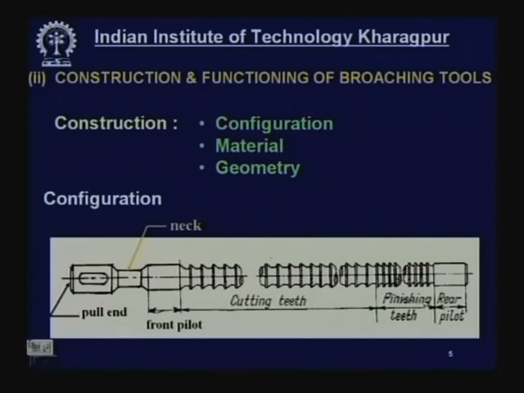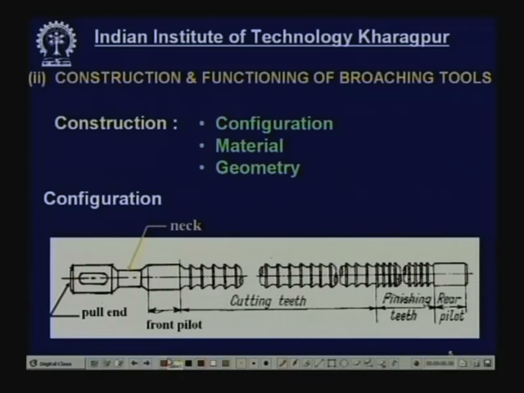This broach shown over here is a single piece like a rod, and it is pull type, and these are the cutting edges. It is used for making or enlarging holes by a number of ring type cutting edges. So, this is a solid, rod-like piece which has got several features.